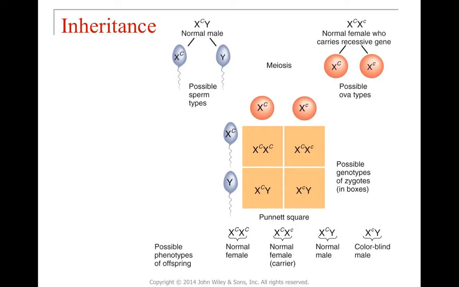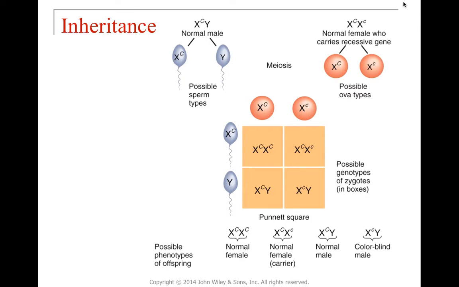And that's what this looks like. Here, C is color vision. If we have the capital C, that's going to be normal color vision. The lowercase c is going to be abnormal color vision, or color blindness.